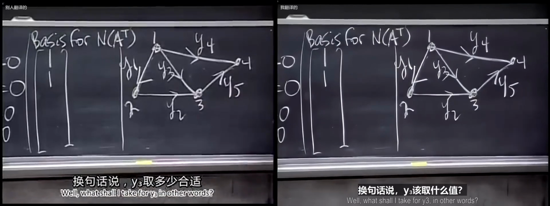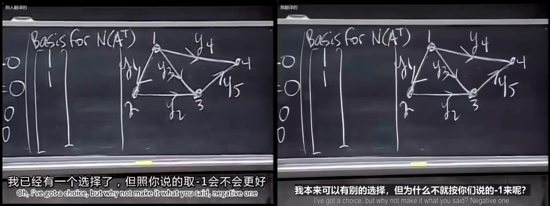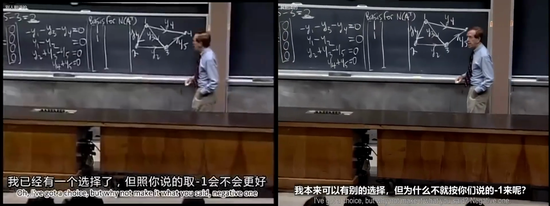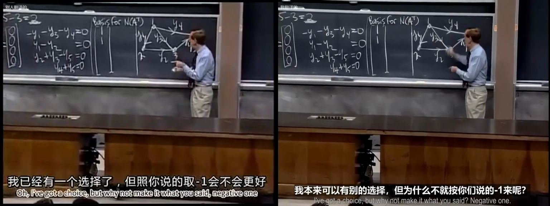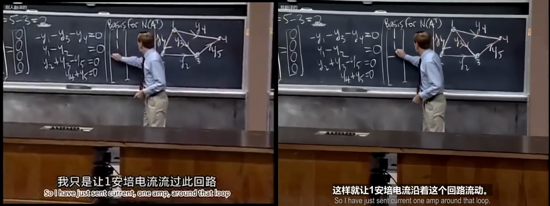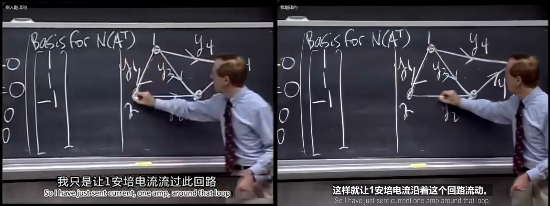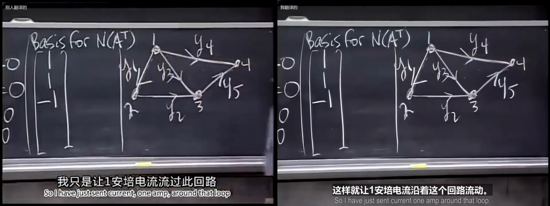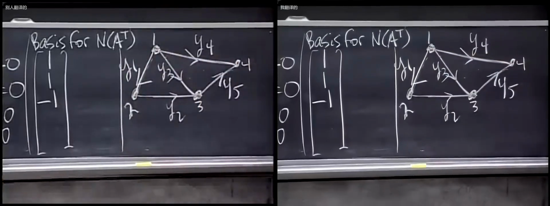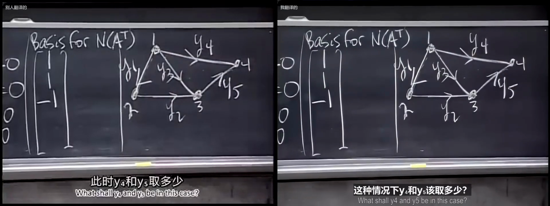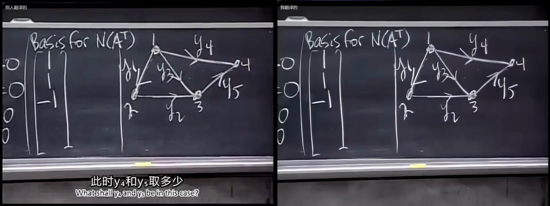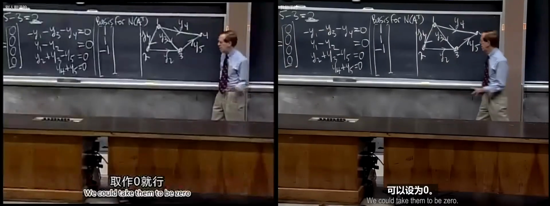Well, what shall I take for Y3, in other words? Well, I've got a choice, but why not make it, what you said, -1? So I have just sent current 1 amp around that loop. What shall Y4 and Y5 be in this case? We could take them to be 0.